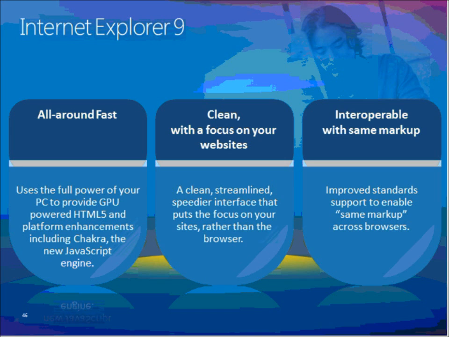We've cleaned up the user interface to make it more streamlined and speedier so that it puts the focus on the sites that you build or visit rather than on the browser. And we've spent a lot of time making sure that our implementation of HTML5 and CSS3 is truly interoperable, so that the standards-based code that you write works across all browsers. The same markup just works.